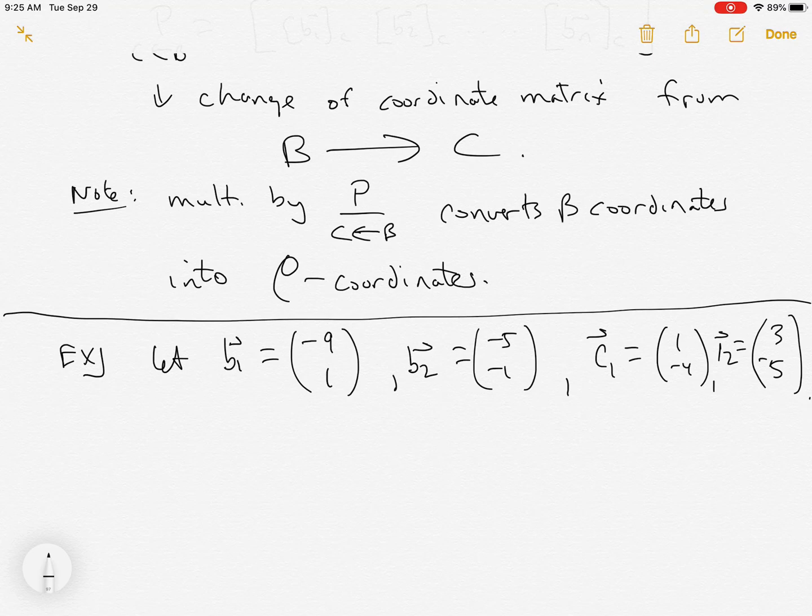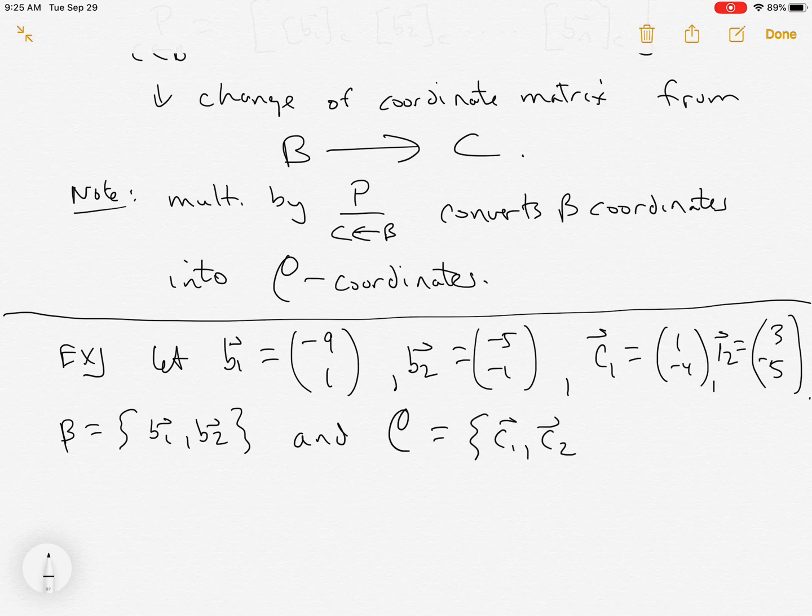So let's see here. We're going to define B as B1 and B2. Is this a basis for R2? Yes. And we'll let C be C1, C2. Is this also a basis for R2? Yes. Okay.